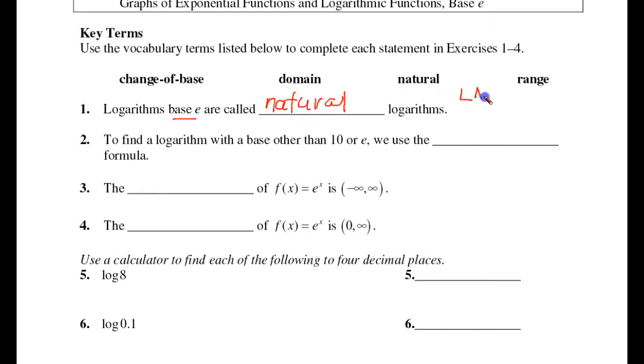They usually use ln. Logarithmus naturalis in Latin. All right, to find a logarithm with a base other than 10 or e, we're going to use the change of base formula.